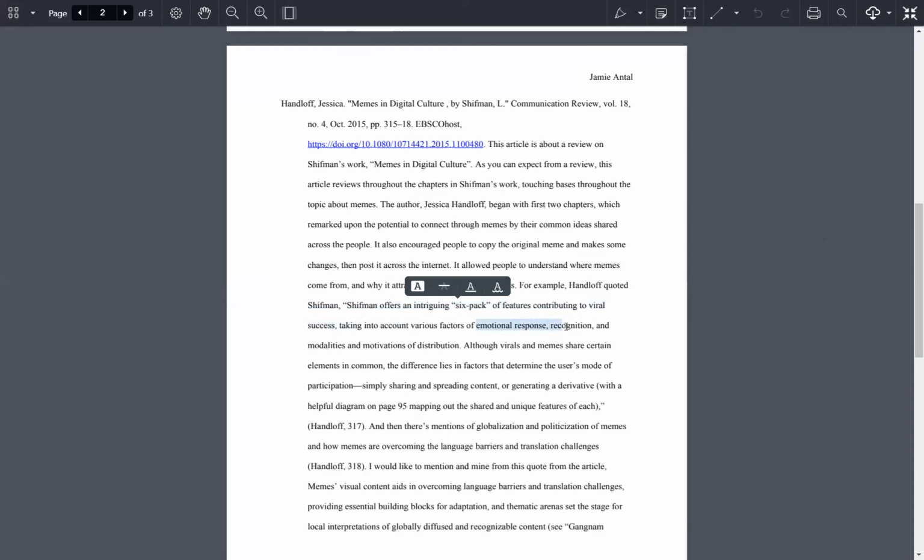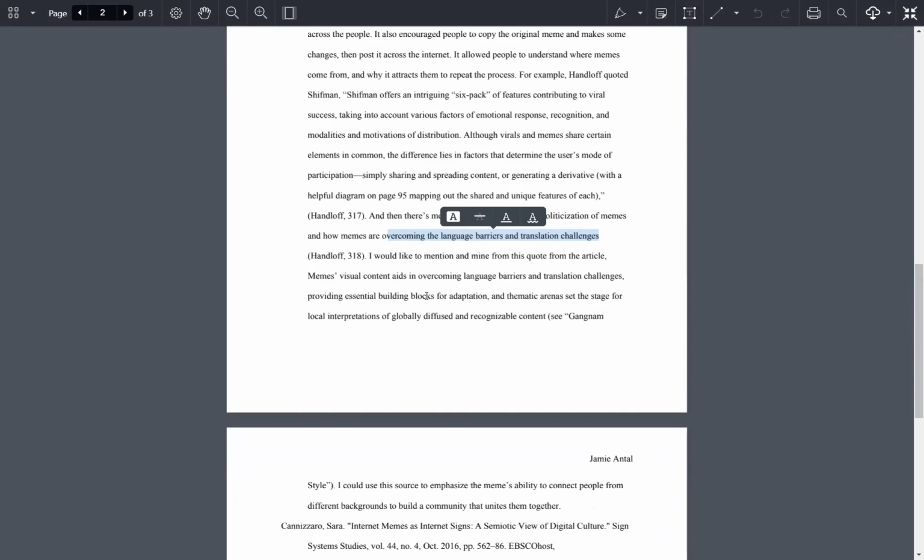Emotional response, recognition, modalities, and motivations of distribution. There's just so much that you could do with these ideas. Really good job of pulling them from this article. You also identify the idea of globalization and politicization of memes. And you talk about overcoming the language barriers and translation challenges. This is really, really nicely done.